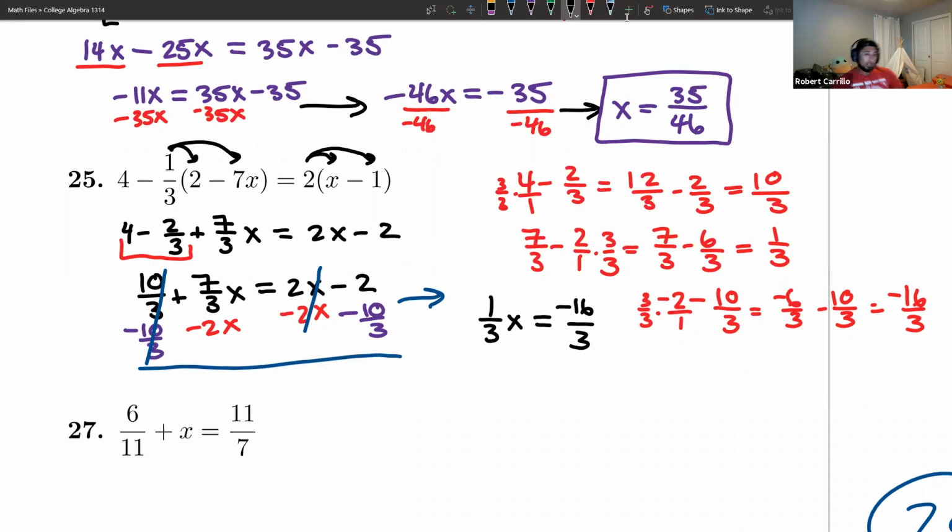Okay. So now we need to solve for x still. So that means I can divide by this 1/3, or to make it easier, you can multiply both sides by the reciprocal of 1/3. To get rid of that 1/3, we can multiply both sides by what number? 3 over 1.